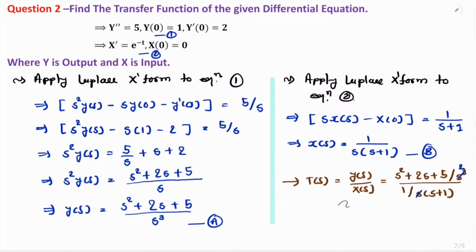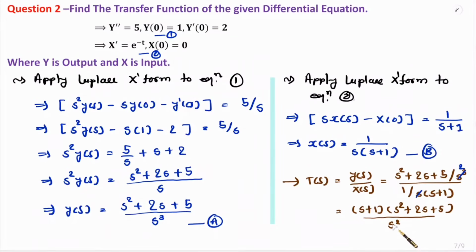Here, this s plus 1 will go in the numerator. So we will have s plus 1 into s square plus 2s plus phi in the numerator, and in the denominator we will have s square. Right.